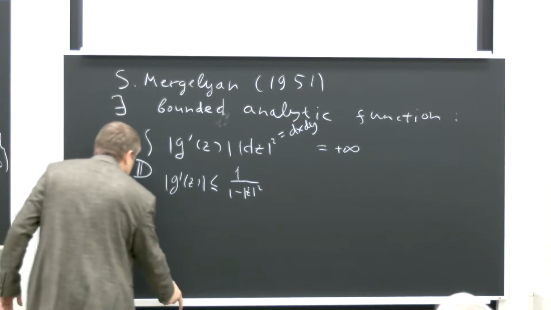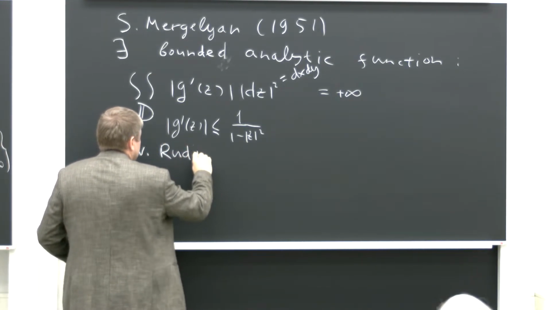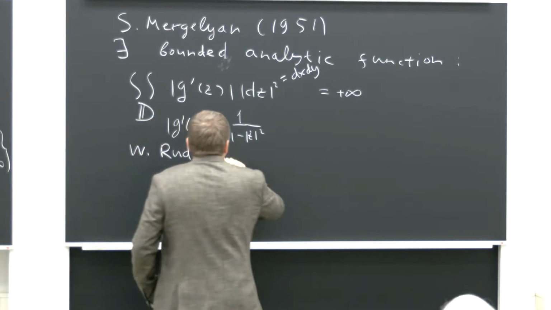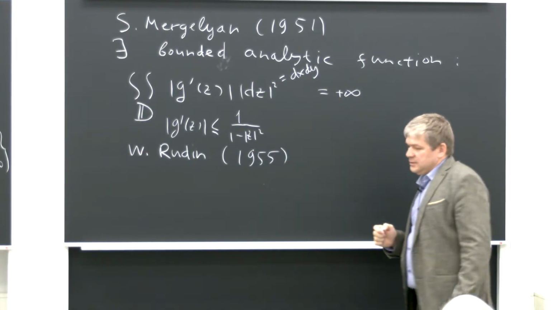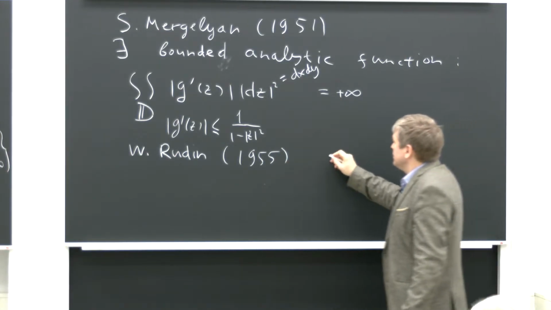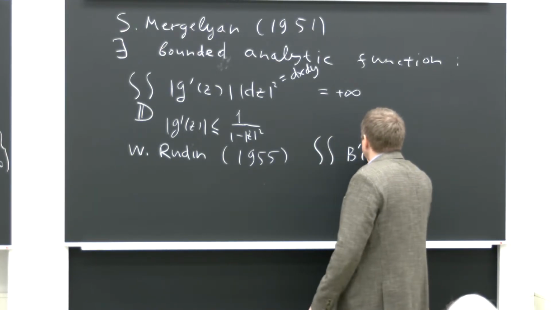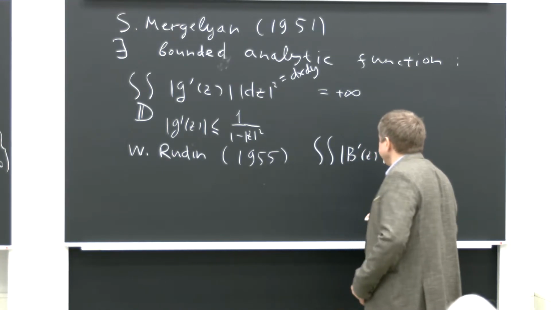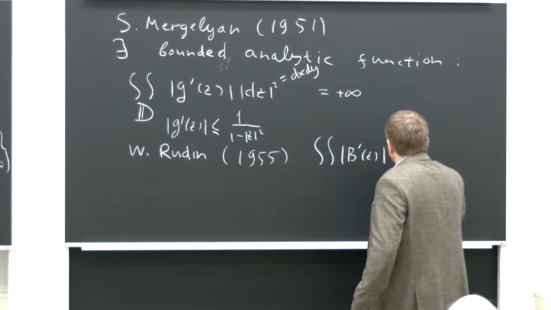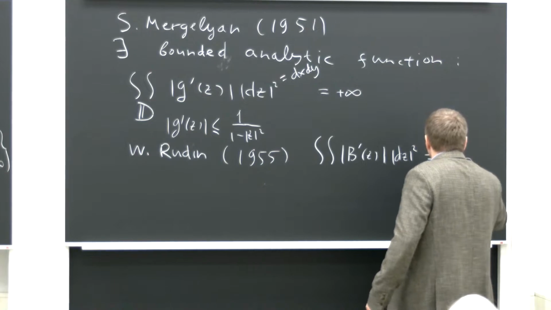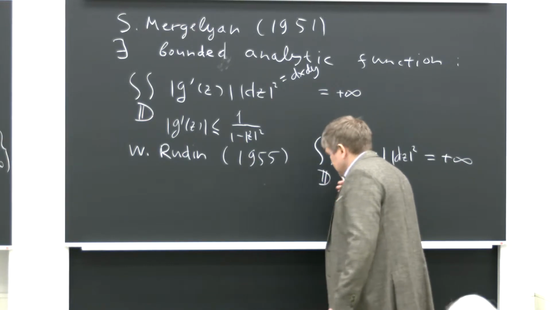After that, Walter Rudin in 1955 constructed infinite Blaschke products with the same property. B is a Blaschke product, of course an infinite Blaschke product.